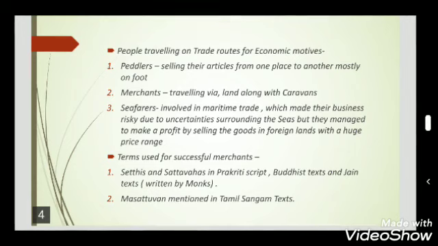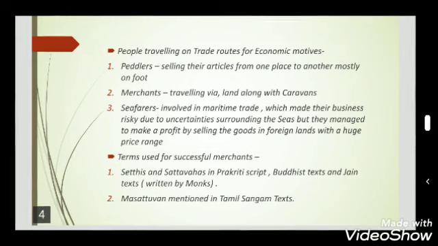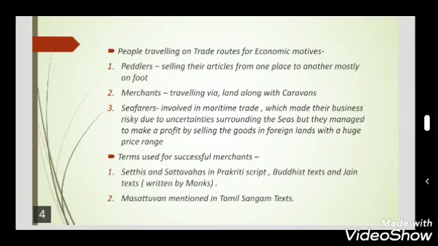Then there are some terms given to merchants. These terms are mentioned in the Tamil Sangam texts, or in Buddhist texts. The Tamil Sangam text mentions Masatuvan as successful merchants, whereas the Buddhist text mentions Sethis and Satavahas as successful merchants.